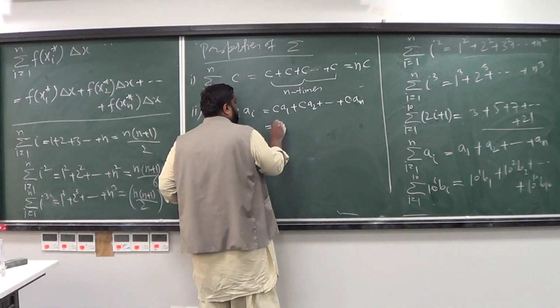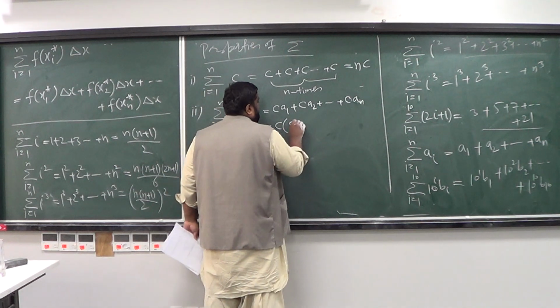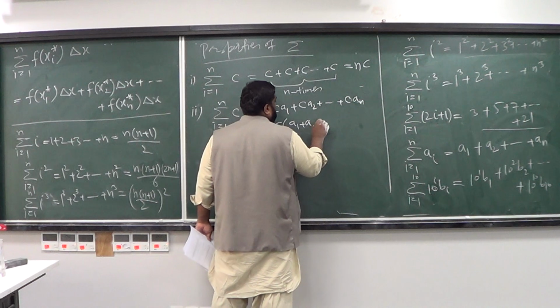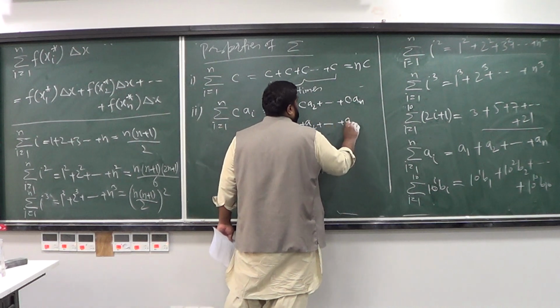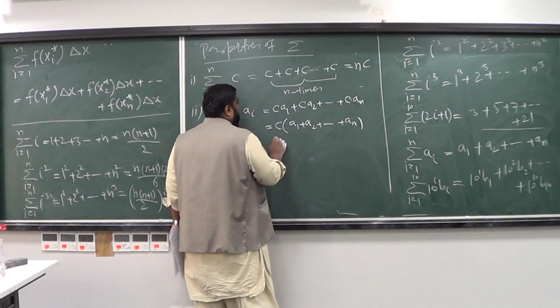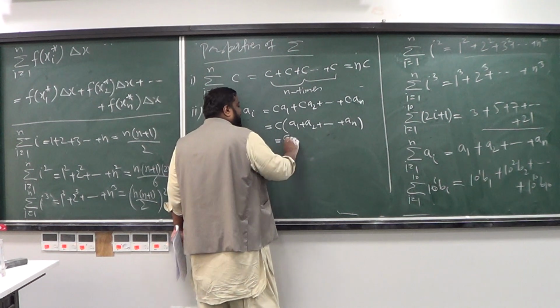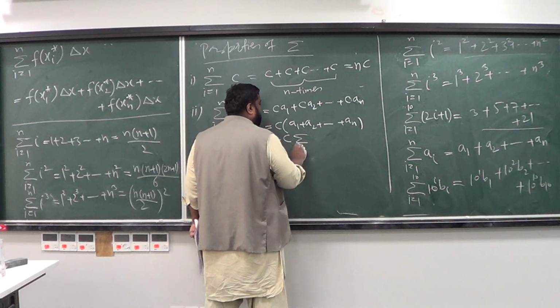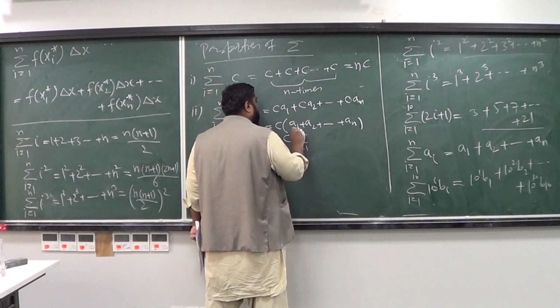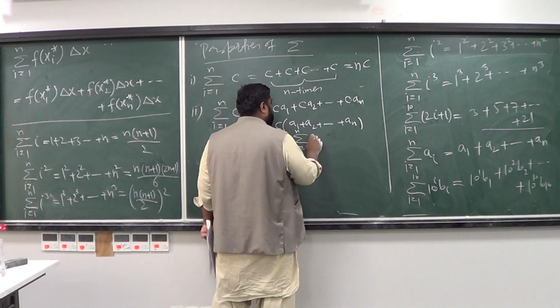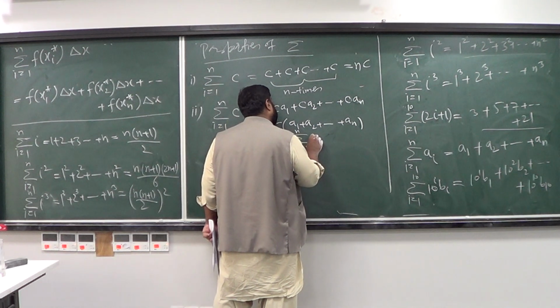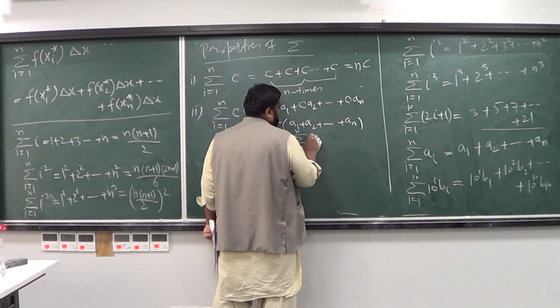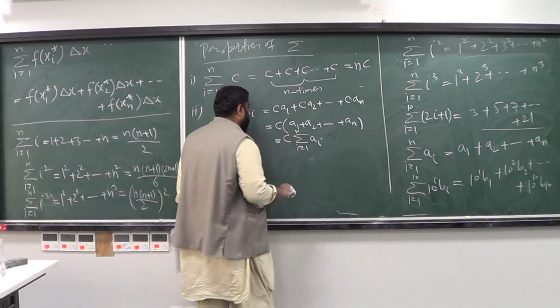You're going to have C times (a1 plus a2 plus so on and so forth, an). So I can write this as C times the sum from 1 to n of a_i.